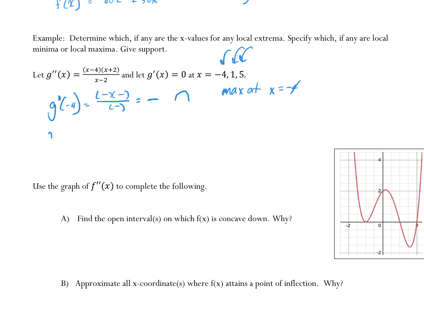Then we do the same thing for positive 1. And I think that ends up being positive, so it's concave up. So we can say we have a min at x equals 1. And then just check 5.